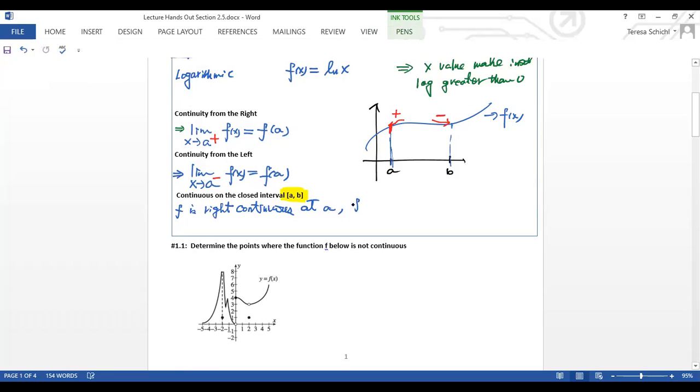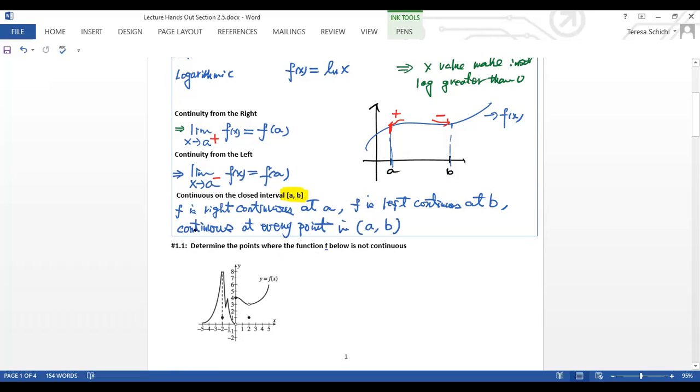So we say f is left continuous at B. And of course, it has to be continuous at every point in the open interval, and that's why we say it's continuous in this closed interval.